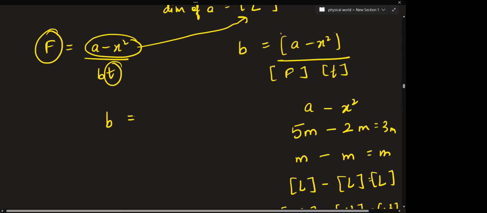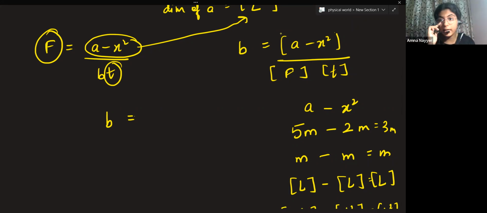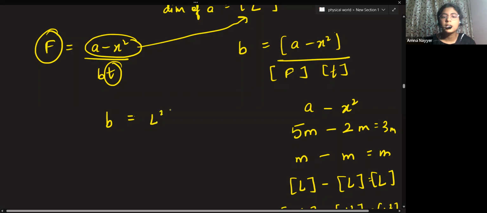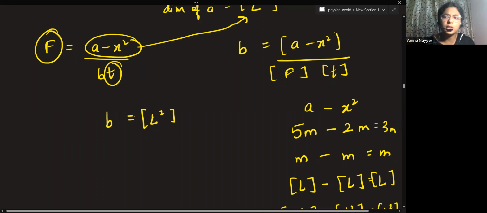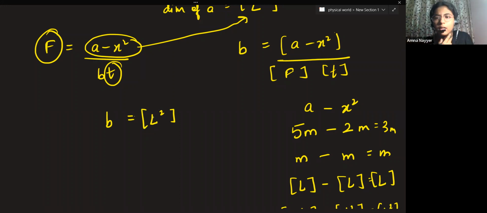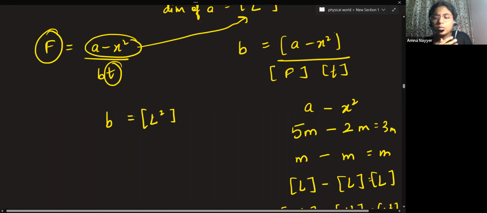Ma'am, it will be length. Only L? No, L square. Aram, you tell me, do you agree with Arnav? Yes, ma'am. Any doubts till now? Why are we writing L square? Or it should be L square minus L square or 0?